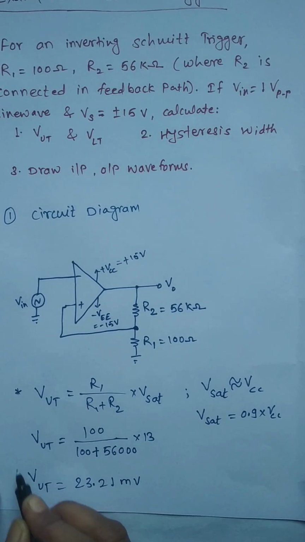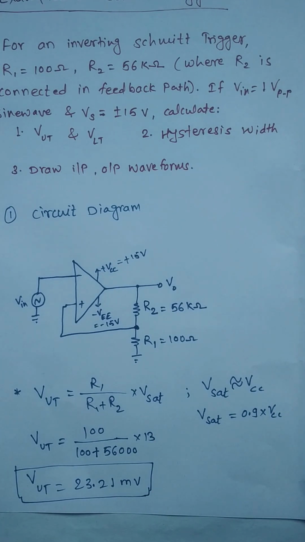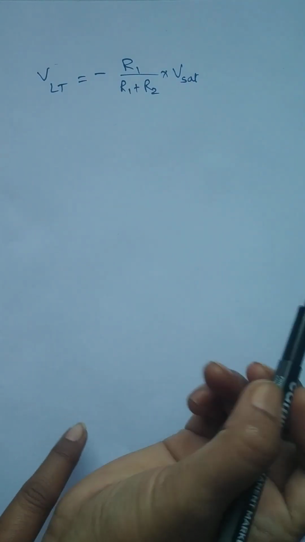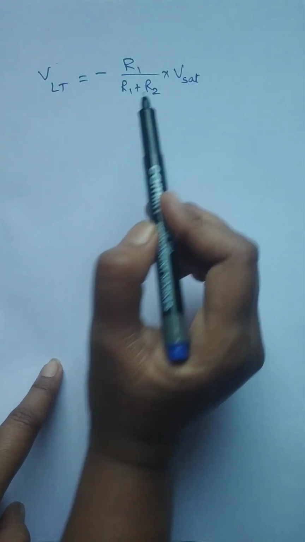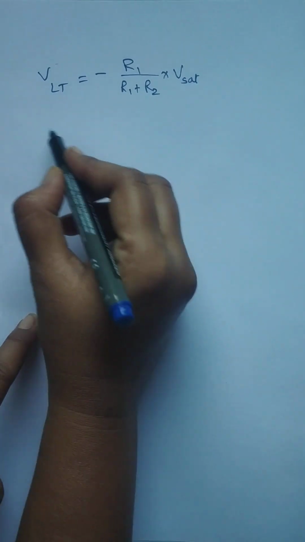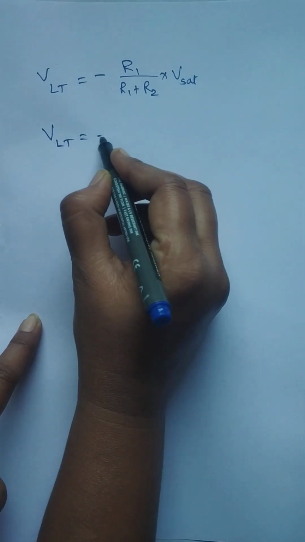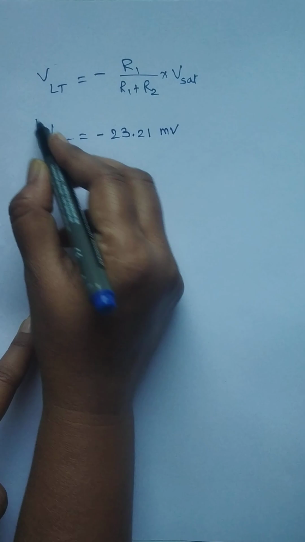So the upper threshold voltage you obtained is this much. In a similar way you can find out VLT. The formula for VLT is minus of R1 upon R2 into V saturation. By putting in all the values we know, the VLT we obtain is minus 23.21 millivolt.